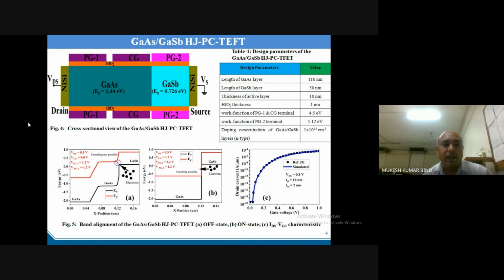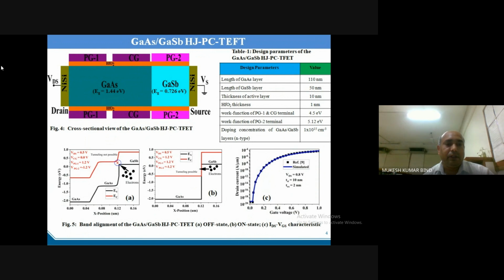Table 1 shows the dimensions of the proposed device, and the active layer doping concentration is 10 to the power 15 atoms per cm cubed. FET devices also suffer from fabrication complexity. So we use the polarity control technique to induce the drain and source regions in the proposed device.